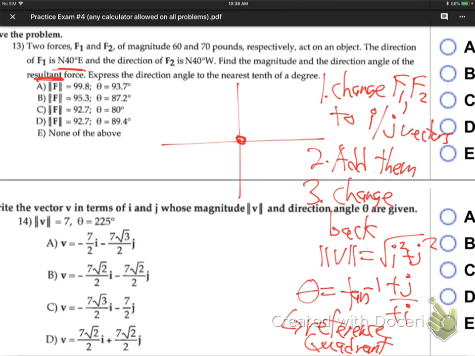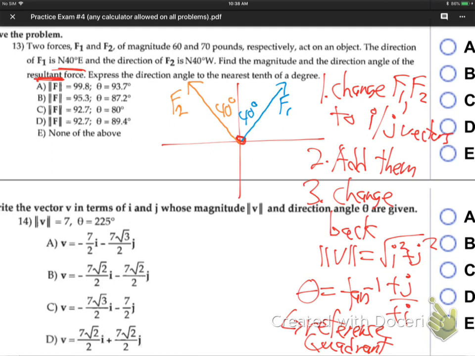So force 1 is north 40 east, so that's going to be like this. Force 1, 40 degrees. The other one is west. Force 2, huh? So force 1 is north 40 east, force 2 is north 40 west.